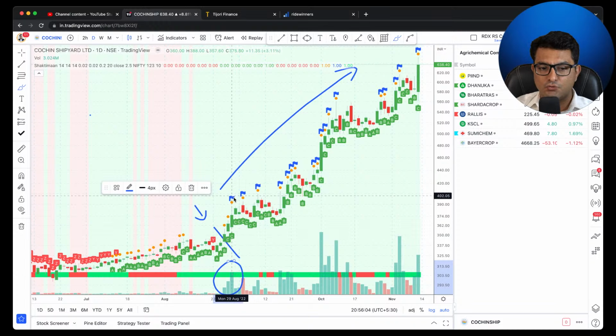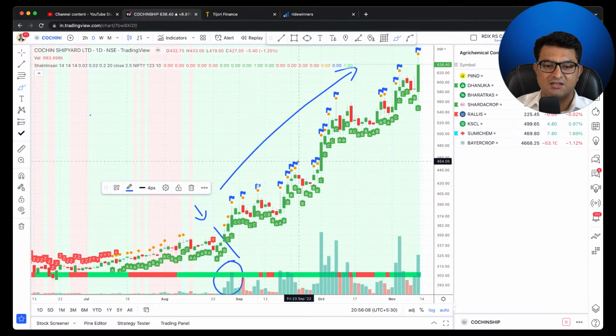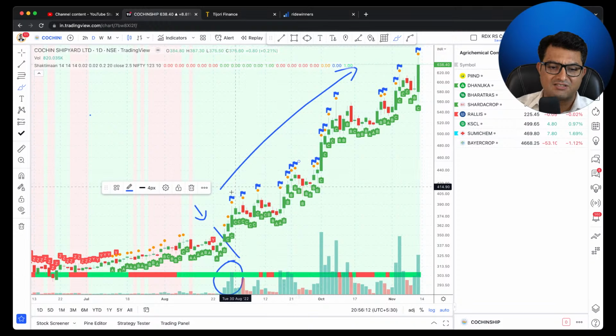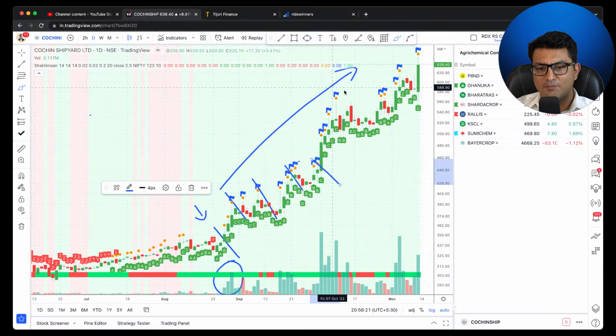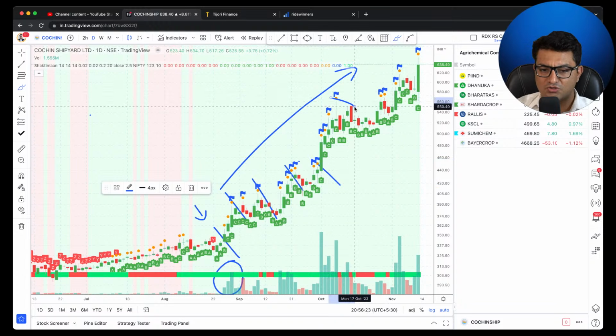Each new 52-week high, all these flags, and on each of these flags I keep adding to the position. I might have started from 0.5% here, then gone to 1%, 2%, 3%, 4%, and probably somewhere here I might be almost at 5%. Just giving an example, but I don't add on VIX. I have a few other small minor criteria.